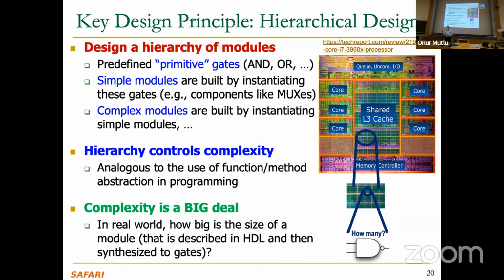If you have to specify every single gate, then you have a huge problem. If you have a hierarchy, then you raise the abstraction level and you say, okay, this is my cache module. Underneath, maybe I don't care how it's implemented because I already implemented it once, or somebody implemented it in a great way. I take it and I'm going to use it in my processor. This is my cache. I'm going to instantiate it. And we will see that. That way, you get rid of a lot of complexity.